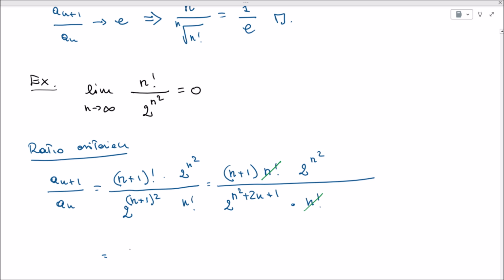And we are left with n plus 1 on top. And then we have 2 to the 2n plus 1, which we can rewrite as, so we have n plus 1, and then we have 2 times 2 to the 2n, so if you like 4 to the n.